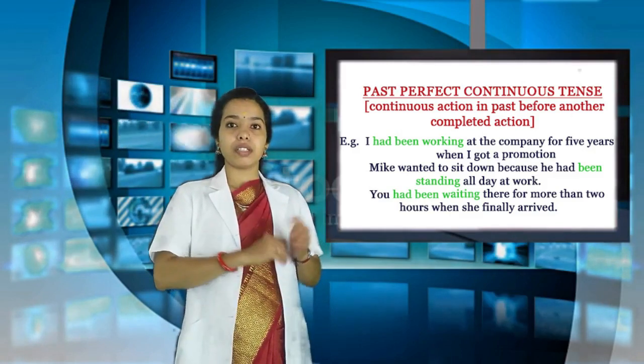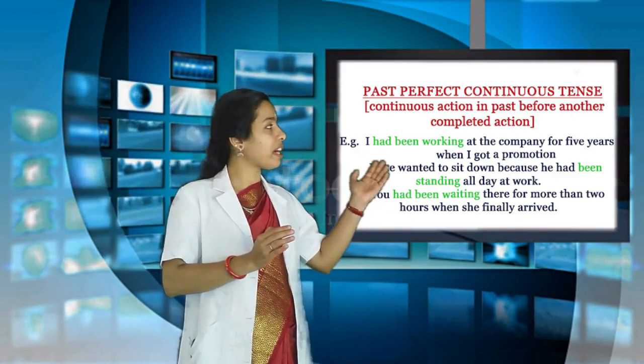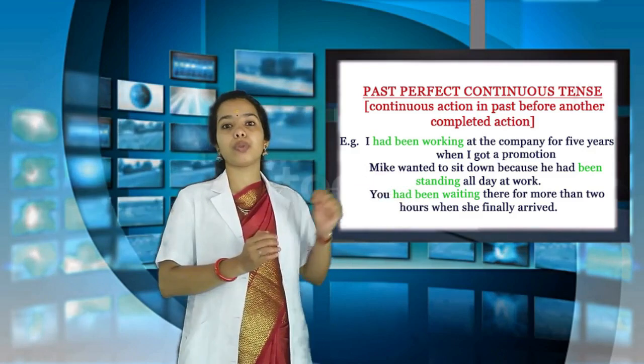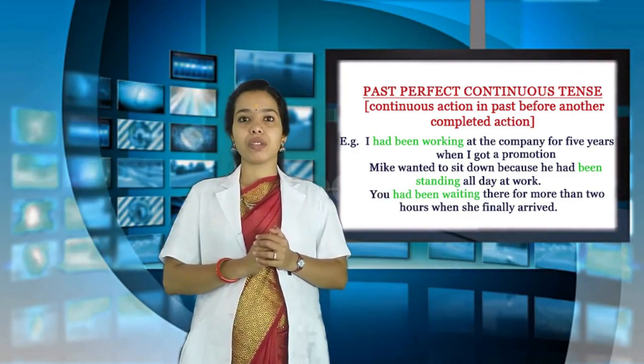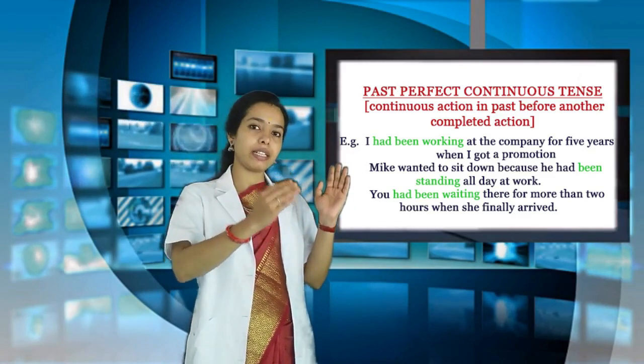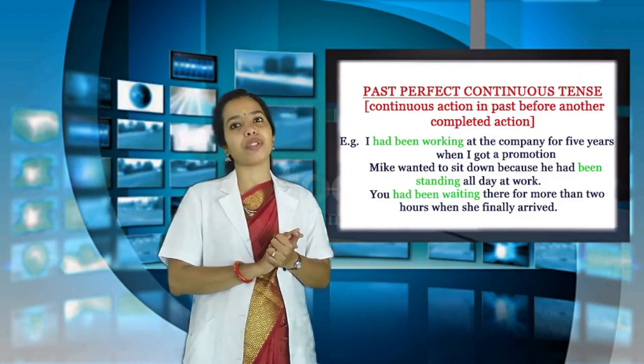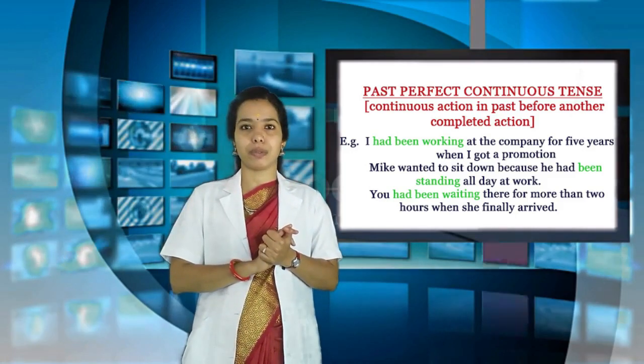So she arrived. Before that, the action which was continuously happening was you had been waiting there for more than 2 hours. So like that, the action which began in the past and was continuous until a moment where another action happened, such actions we will denote using past perfect continuous.